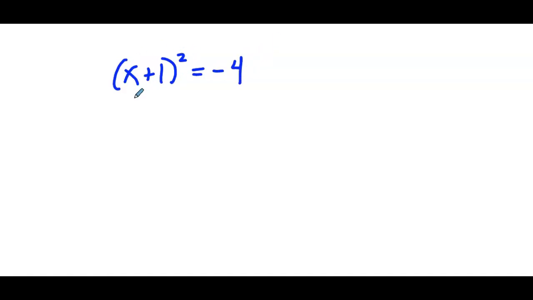We're saying if we square a value, we get a negative number. If that ever happens, that equation is going to have no solution. Okay, so I just want to make sure we're aware of that if it ever comes up in our solving.